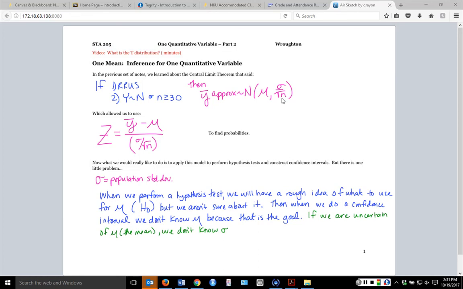Now, why does that mean I don't know what sigma is? So sigma is our population standard deviation. But remember how we describe that idea is that sigma, or our standard deviation, is the typical distance from the mean.